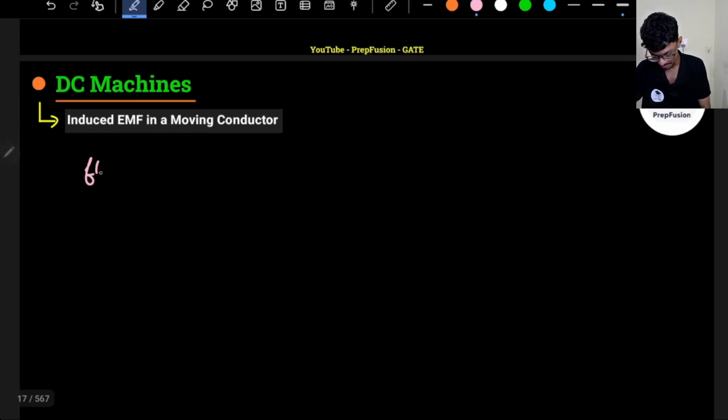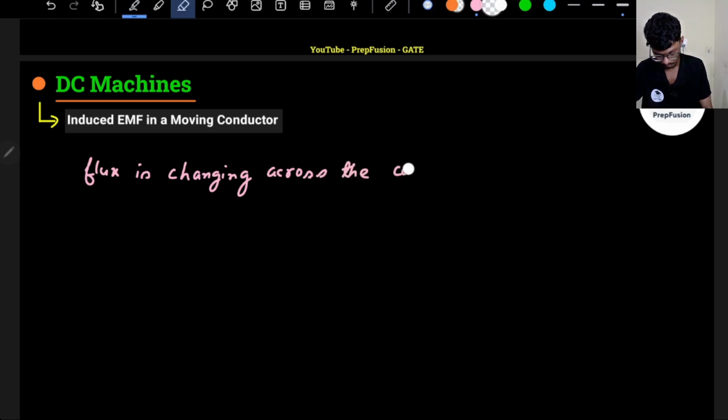So if flux is changing across the conductor, that means an EMF will be induced according to Lenz's law.